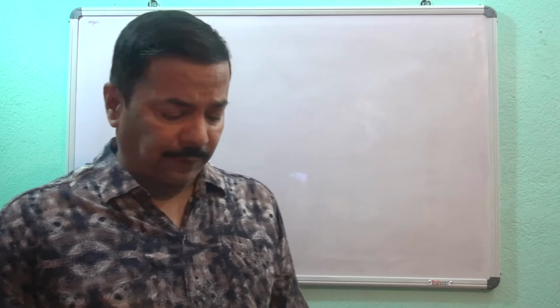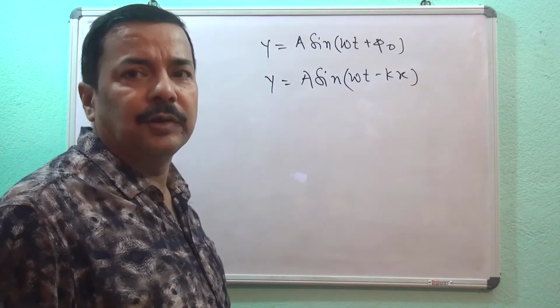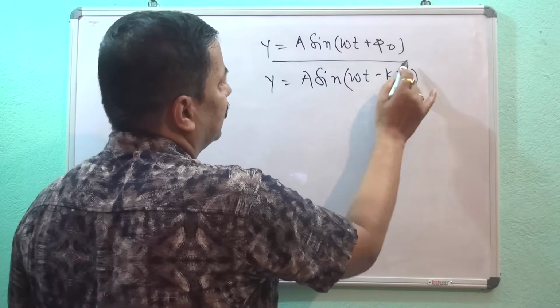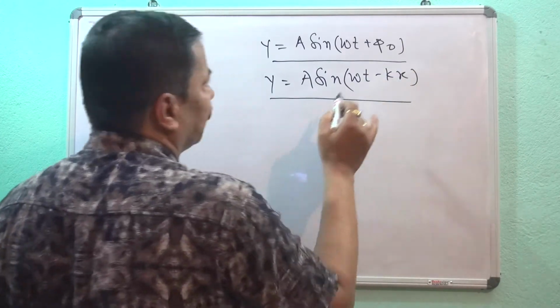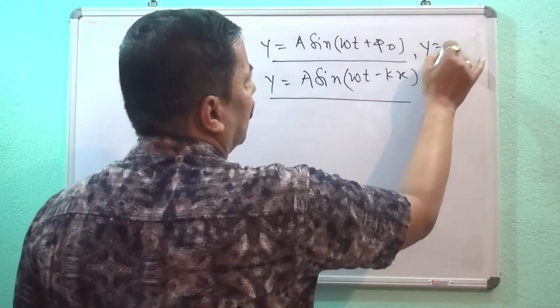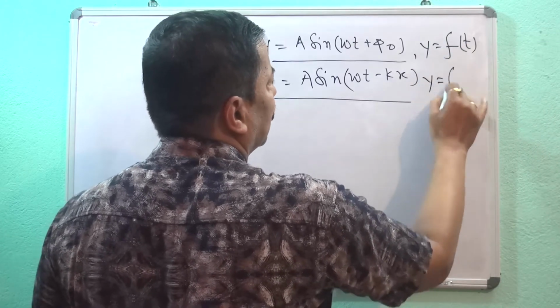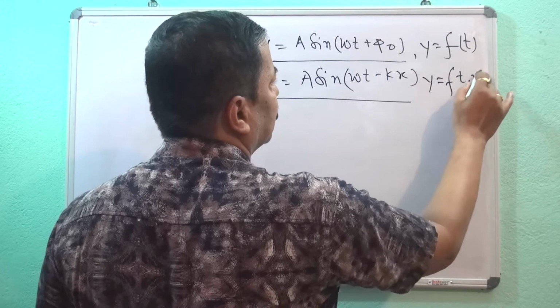So first of all, as an introduction, here you see I have written two equations. One equation is this, and one equation is this. Here y is a function of t, and here y is a function of t and x.